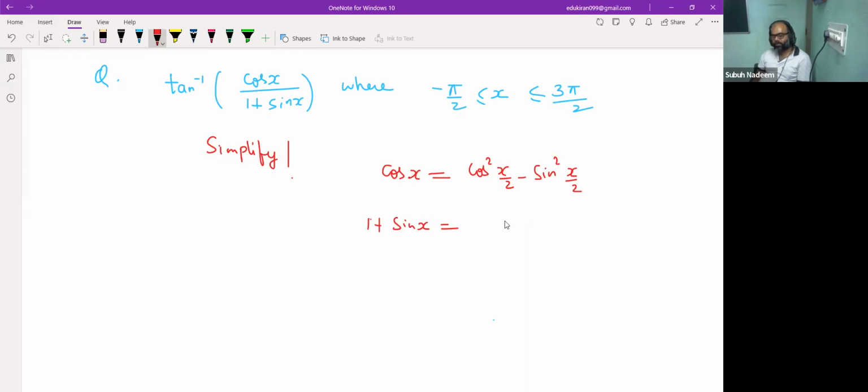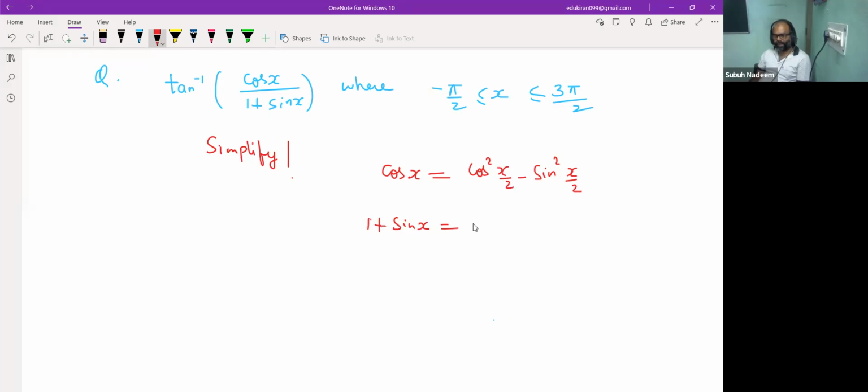This is from the identity of cos 2x. So if it is cos 2x, then we use x here. If it is x here, then we use x by 2 here. The angle becomes half. In case of 2x, it becomes x. In case of x, it becomes x by 2.